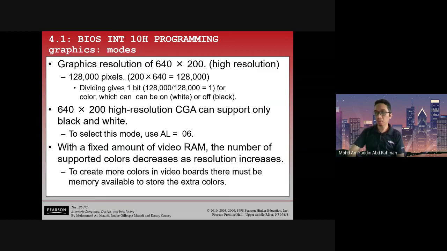With a fixed amount of video RAM, the number of supported colors decreases as resolution increases. We need more video memory in order to have more colors. When we increase the resolution up to 640 columns and 200 rows, the pixels are now very small on the screen.